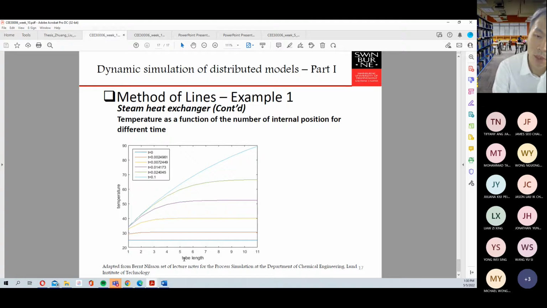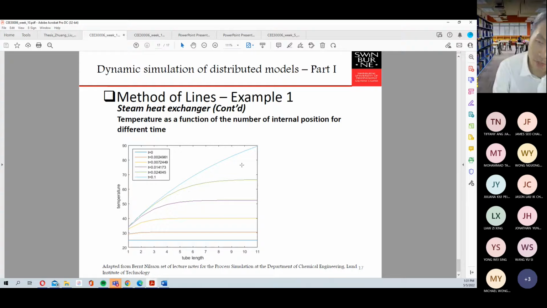plotting it with time, we can plot it with respect to the tube length. So this one is what happened at time t equals 0. So the temperature is similar, right? At time t equals 0.02491, it will be this profile, right? And then the next one, and then at 0.1, you will have something that varies like this.